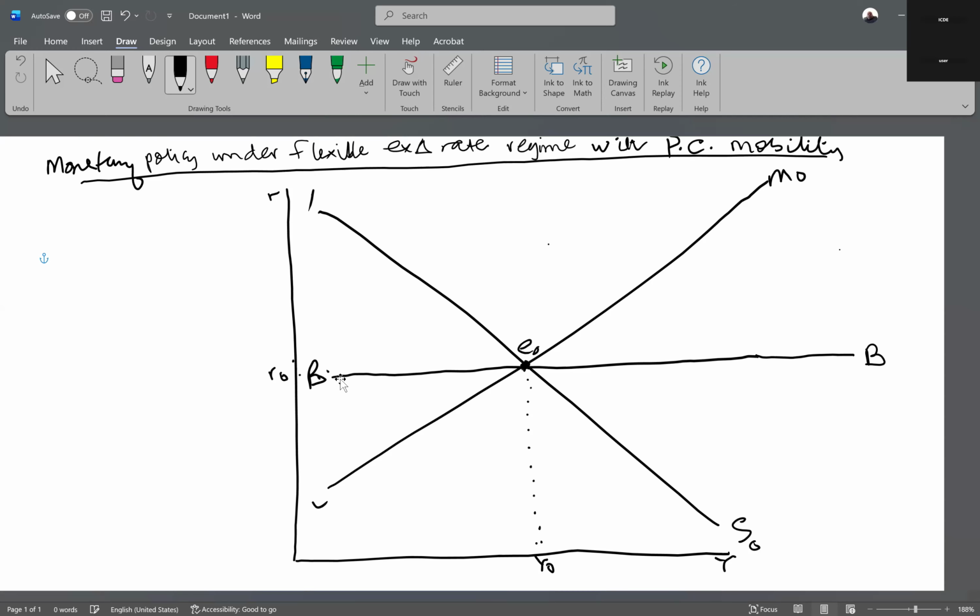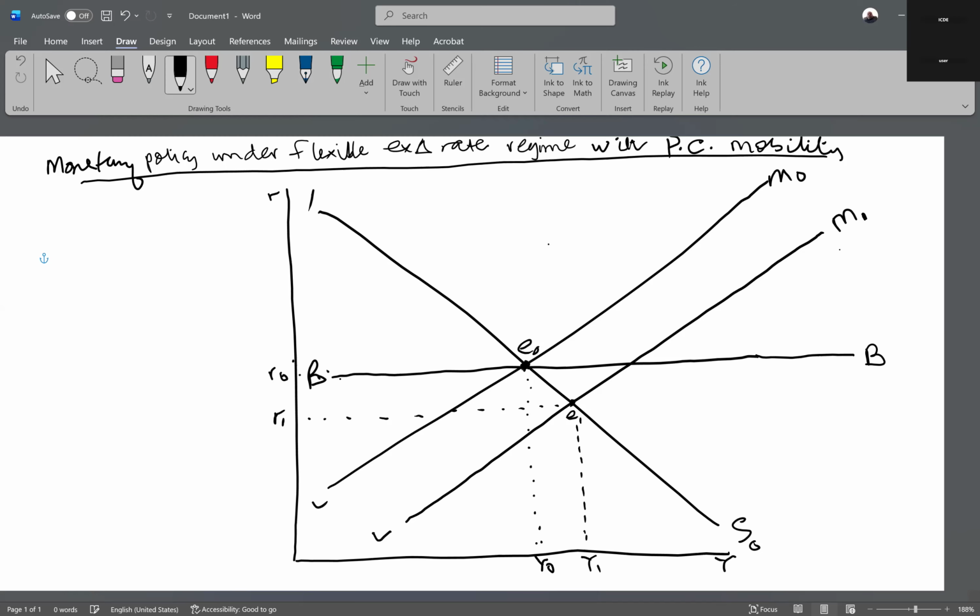So the LM curve shifts from LM0 to LM1. It meets the IS curve here, E1, where income would have increased from Y0 to Y1, and interest rates would have fallen from R0 to R1.